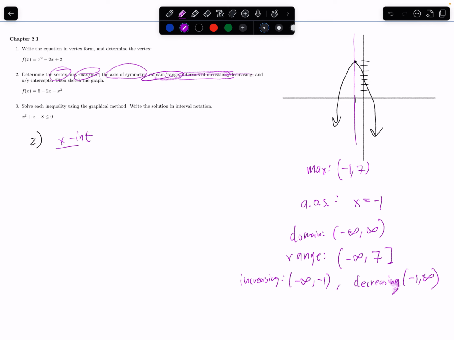And for the x-intercepts, that's where you use the quadratic equation. Let's do the y-intercept first. That's when x equals 0, right? So when x equals 0, you get 6 minus 2 times 0 minus 0 squared, which is just 6. So the y-intercept is 0, 6.